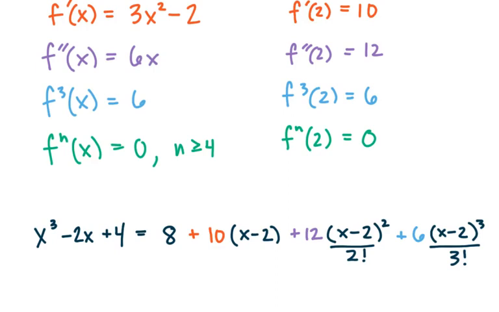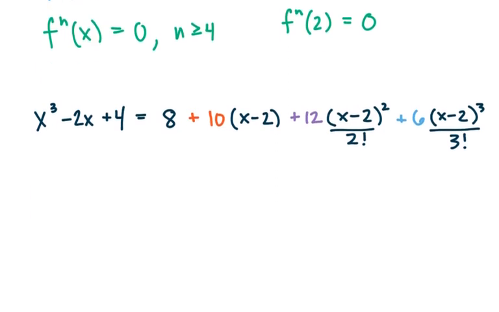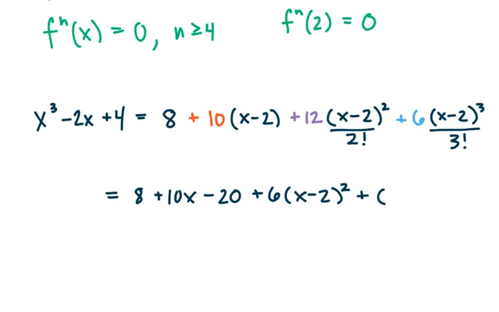So I can clean this up just a little bit and at least get those factorials out of this. We'll say this is 8 plus 10 times x minus 2, plus 12 over 2 factorial. 2 factorial is 2, 12 over 2 is 6, x minus 2 squared, and 3 factorial is 6, so the 6 over 6 goes to 1, it cancels, and I've got x minus 2 cubed. And I can continue to multiply these out and combine like terms as needed.